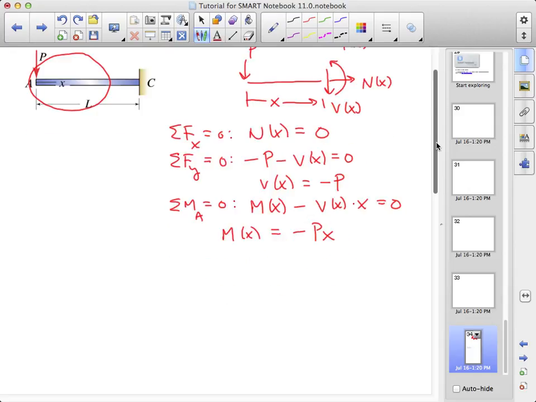After we've established expressions for our shear force and bending moment, it's traditional to sketch them, even though the results aren't very interesting here.